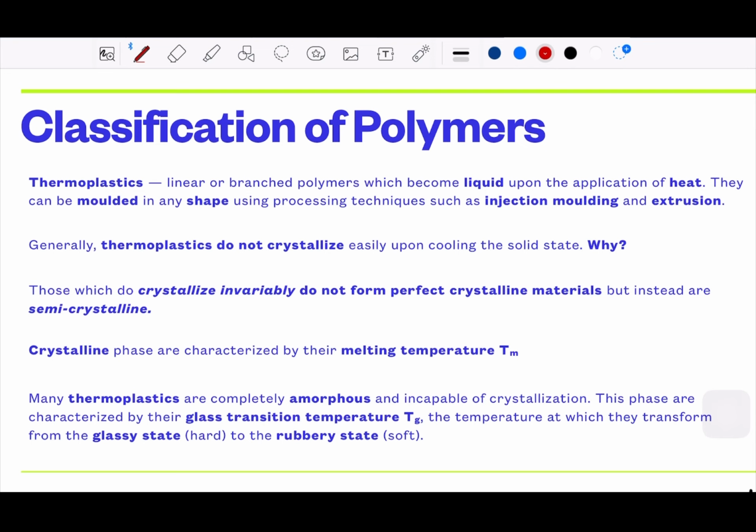And the second one is that the crystallization is not a perfect crystalline material. Anyone have a comment on that? Why do you think the thermoplastic will not crystallize easily? Do you have anything in mind?